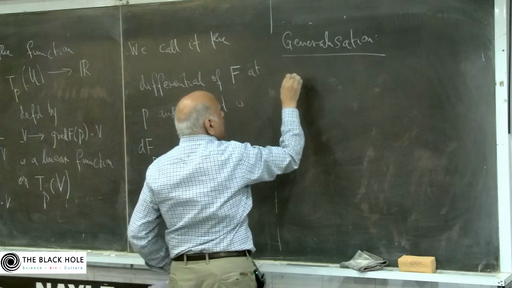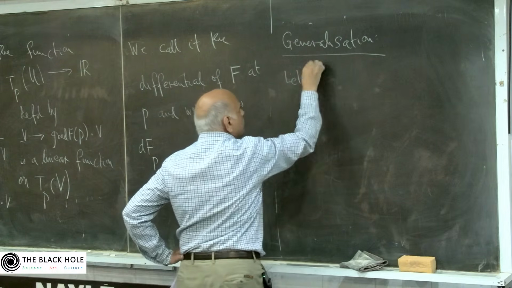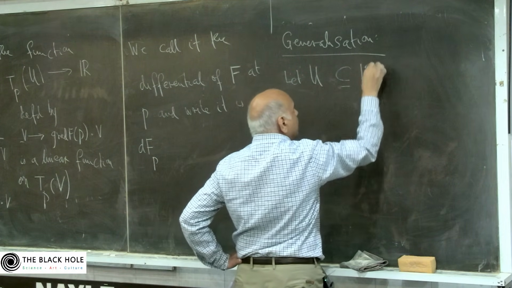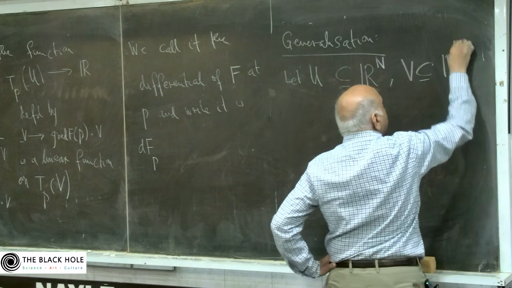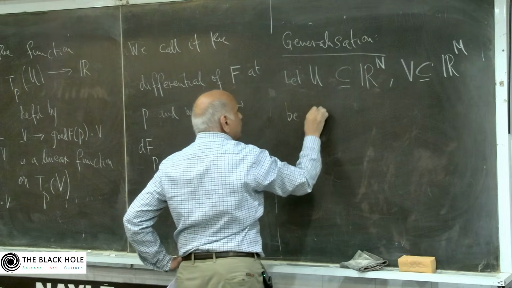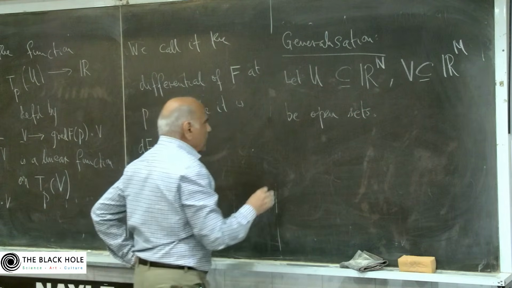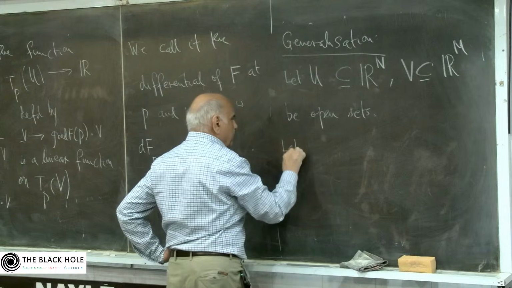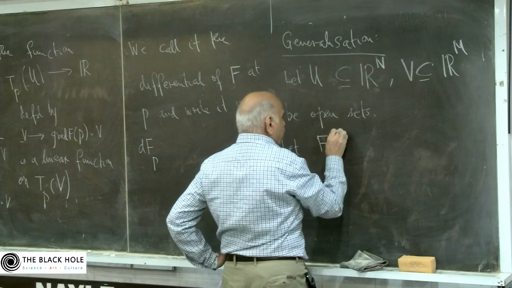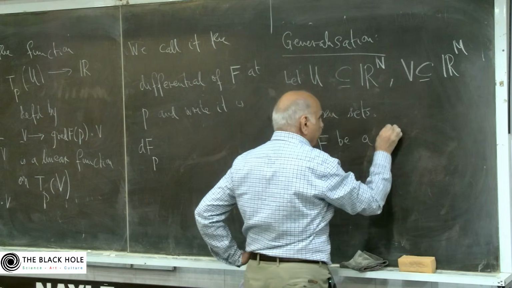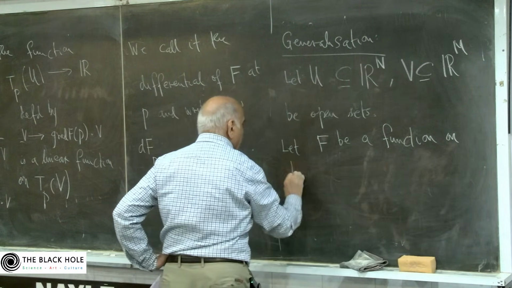Okay, so let U be open in Rn and V in Rm be open. Let f be, of course, a differentiable function on U, differentiable.